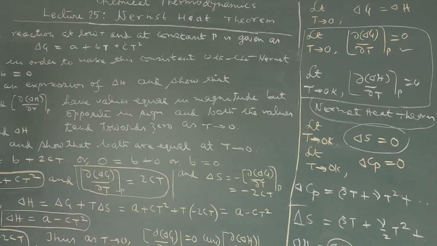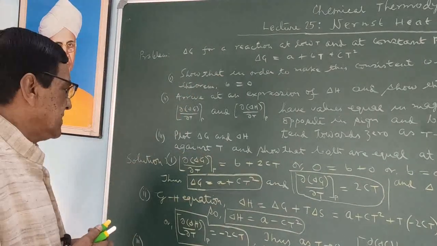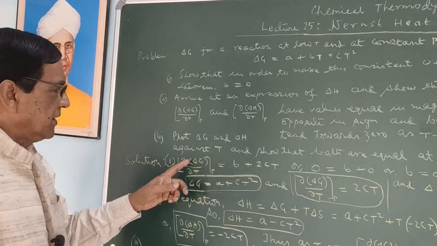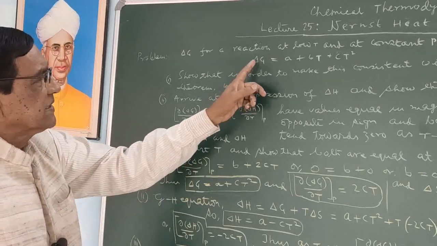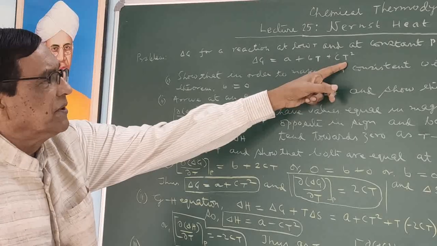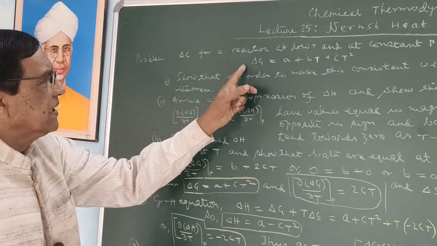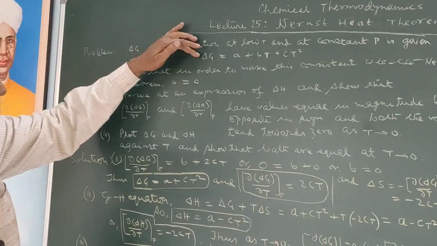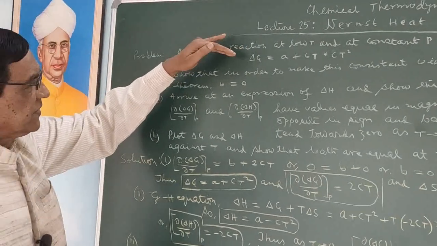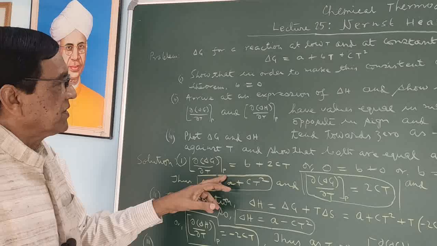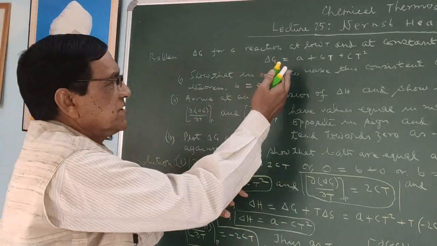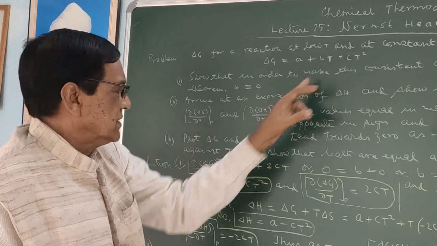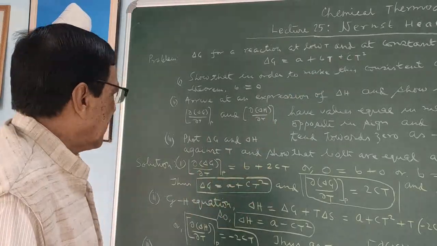So the solution of this problem is that delta G equal to this relation, which has already been given. So del delta G by del T, differentiating this with respect to temperature at constant pressure, is equal to a constant 0, and it is B, plus twice CT.